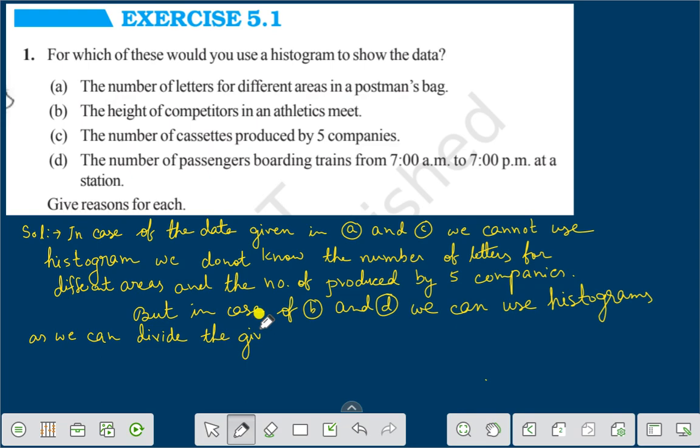We can divide the given data in class intervals, right?